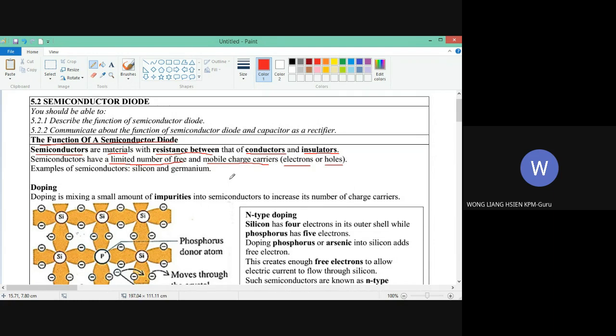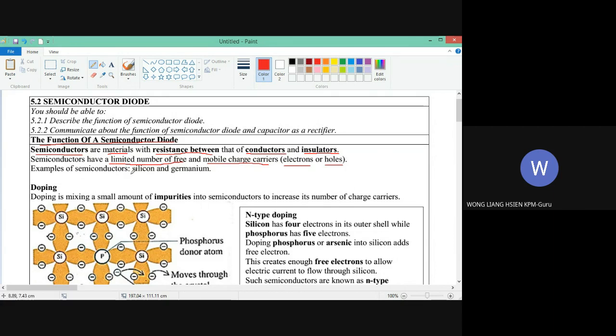However, different materials have different numbers of free electrons. Metals are generally good conductors because they have more free electrons compared to semiconductors, and semiconductors have more free electrons compared to insulators.